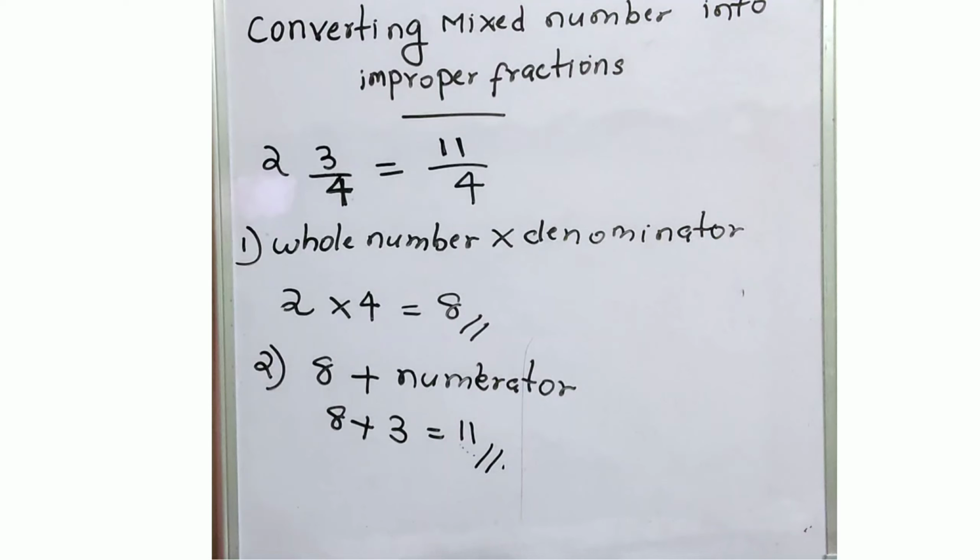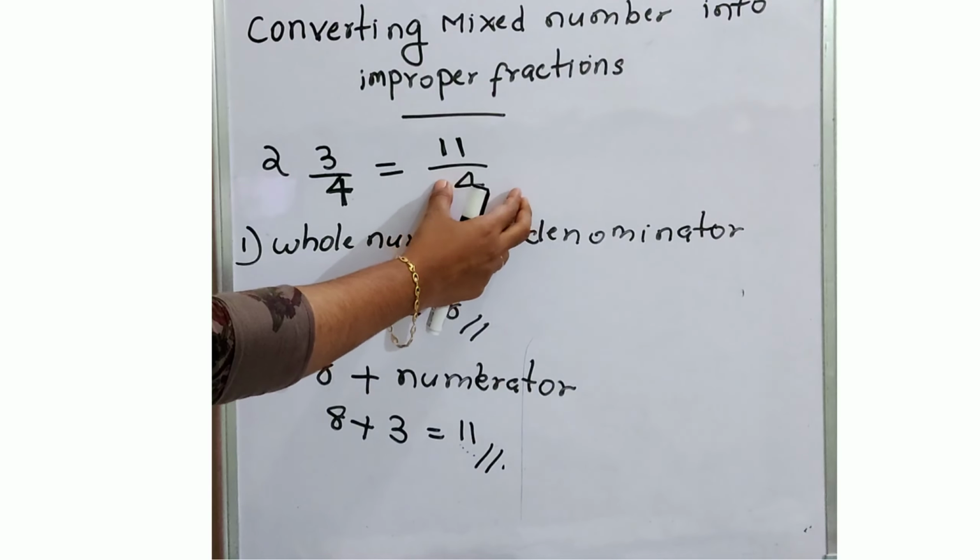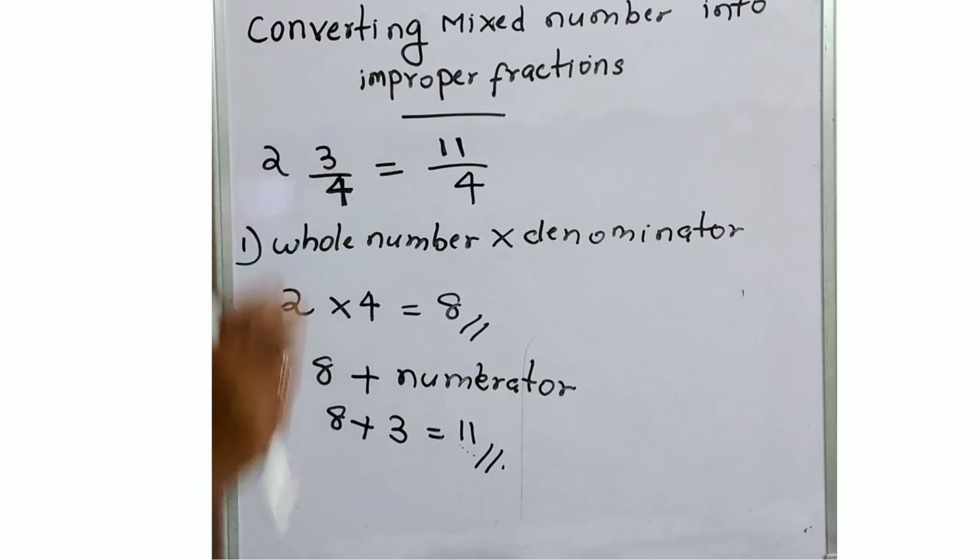Now let us see how you can convert an improper fraction to a mixed number. That is the reverse, and it is also very simple.